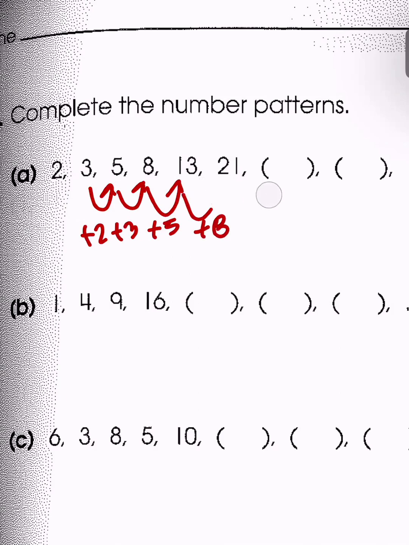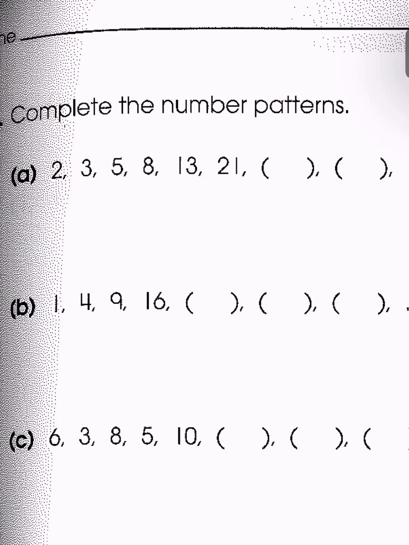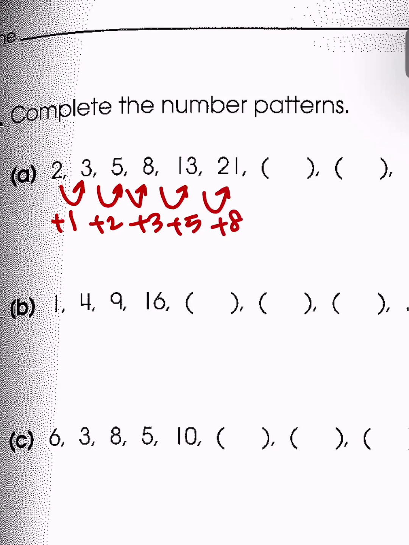And so that pattern might seem a little odd, but if we look here, we're adding 1. Then from 3 to 5, we're adding 2, add 3, add 5, and we add 8.